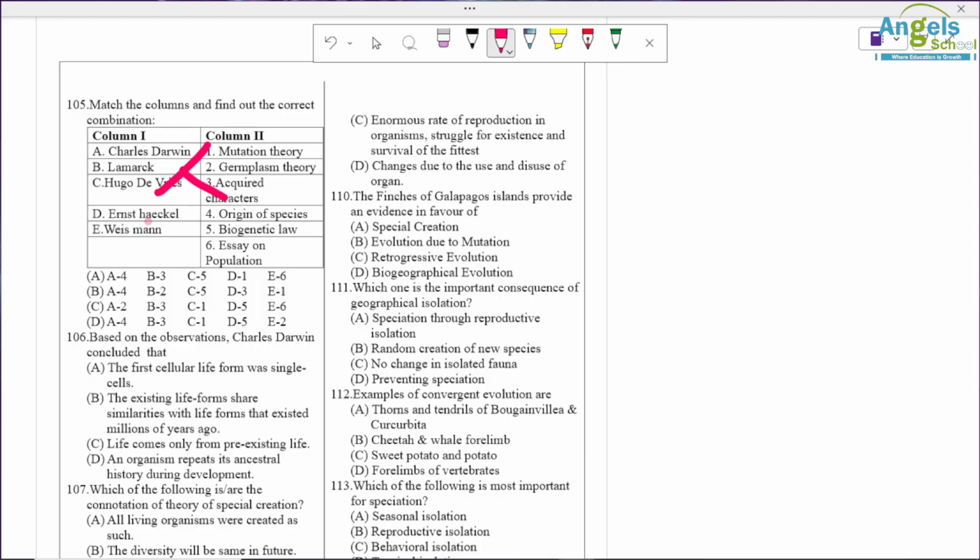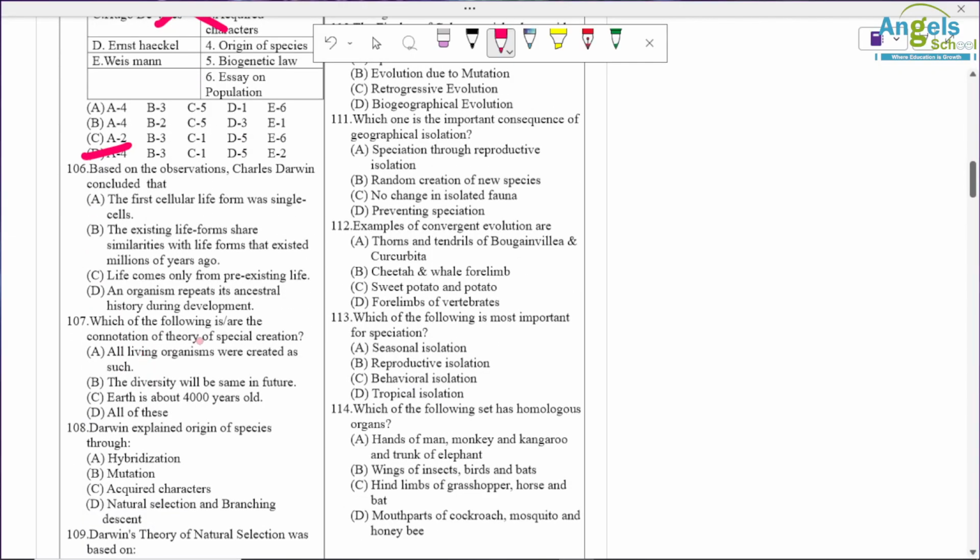Then Ernst Haeckel gave the biogenetic law, and Weismann gave the germplasm theory. So E2. The correct option is D.